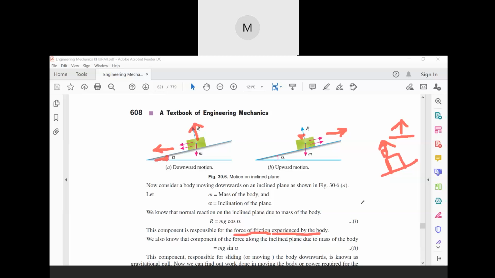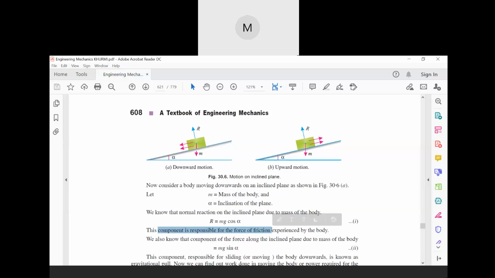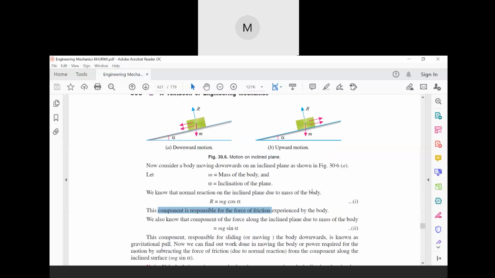This component basically is responsible for the frictional force. Now we also know that the component of the force along the inclined plane due to the mass of the body is mg sin alpha.